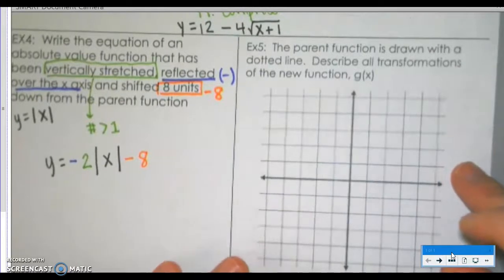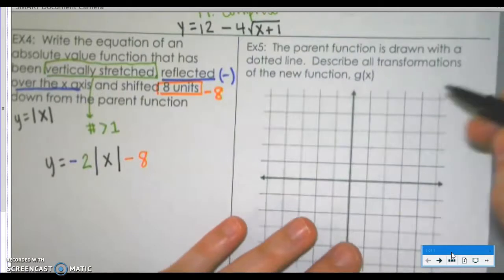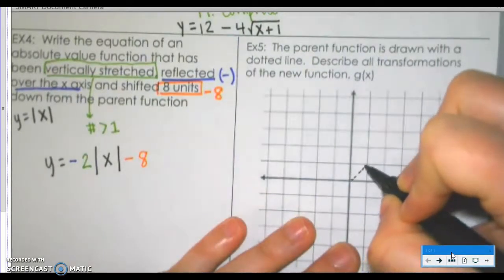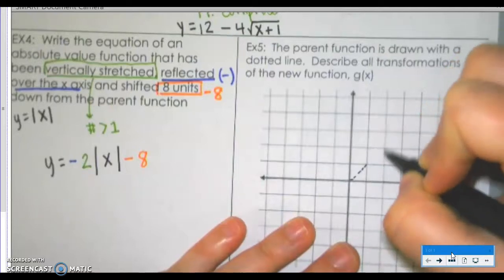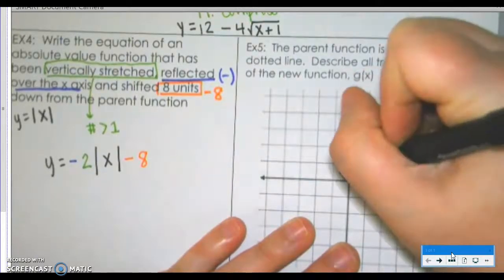All right, number 5. For some reason the graph didn't print from this. All right, so let me just draw one real quick. So here's my parent function.